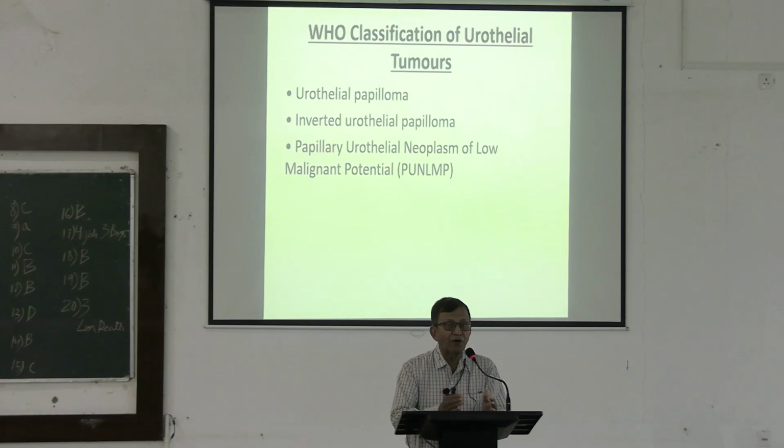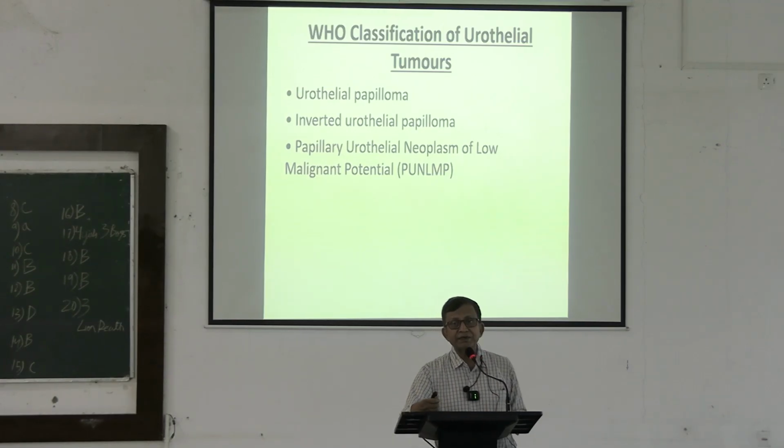So they make uniformity, so everybody learns the same diagnosis and uses the same nomenclature. That is the rationale for using the World Health Organization's nomenclature. We also have categories and rules to diagnose any tumor. We have to read the WHO blue books so that we don't use any abnormal terminology.